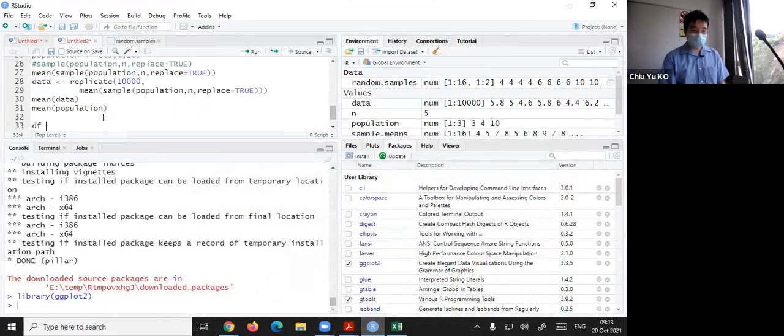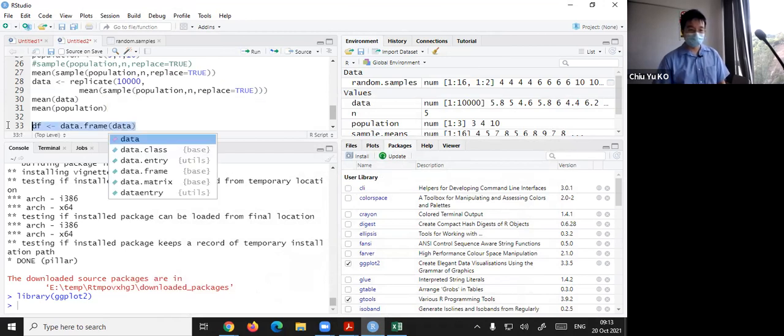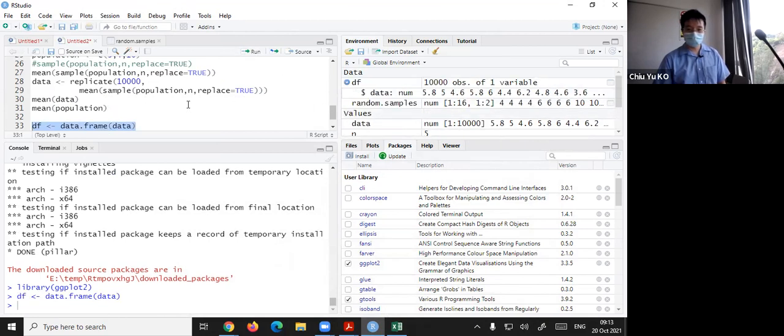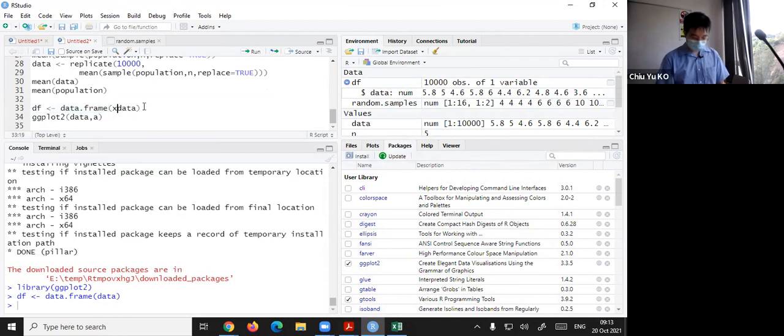The first thing is I had to convert it to a data.frame first, because otherwise it would not recognize it. Maybe I call x equal to data. Let's do this.